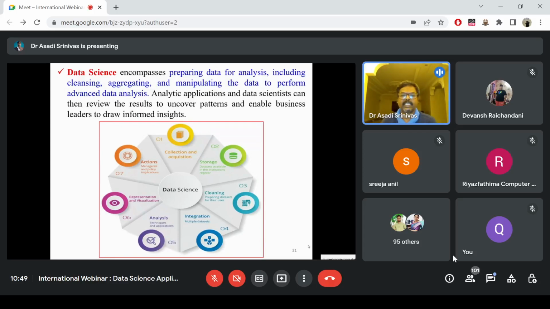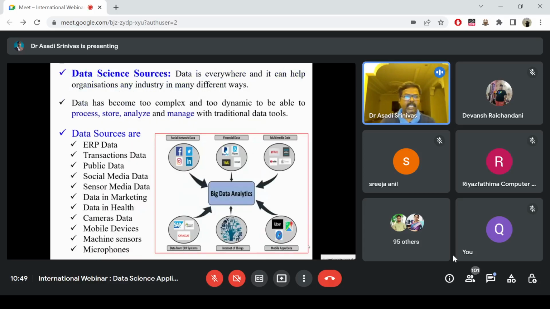Then integration of multiple data sets, analysis techniques and applications, and the sixth step, representation and visualization of the data, and finally we are taking actions, managerial and policy implications.